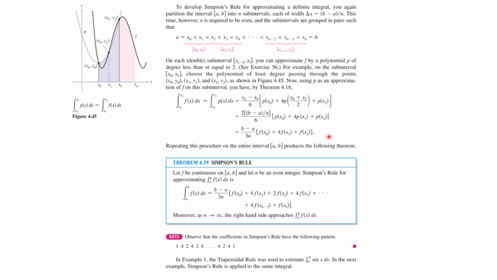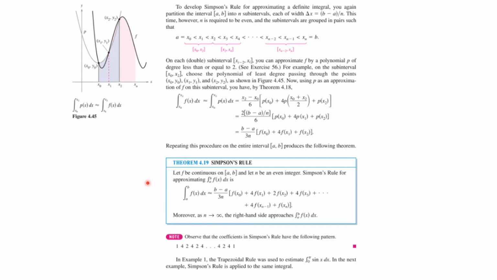So what you see is we end up getting b minus a over 3n, regardless of what interval it is, and then f at the left endpoint plus 4f at the middle point plus f at the right endpoint. So this is what Simpson's rule says if we add these together.